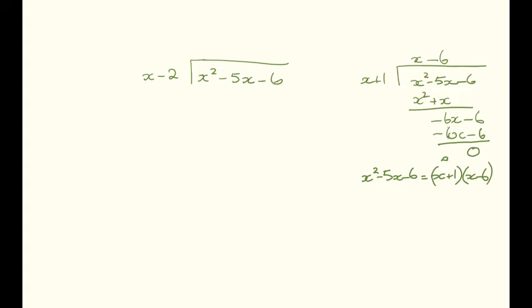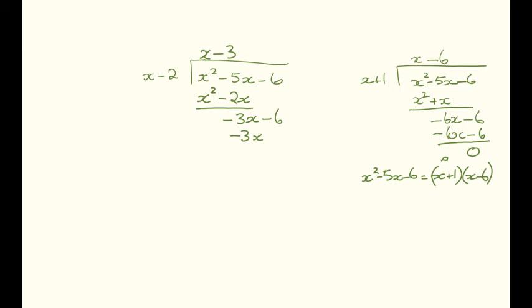So let's get back to this one here. If I divide my x into this, it will go x times, multiply it down, x squared minus 2x, minus 5x minus 2x will give me minus 3x. Bring my 6 down. X will go into this minus 3 times, so minus 3 times x gives me that.